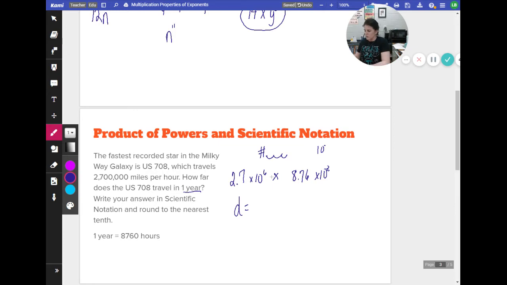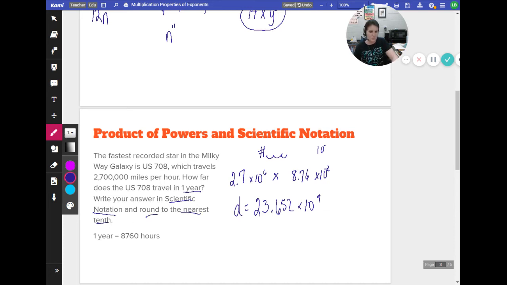So distance is equal to 2.7 times 8.76, which is 23.652. And we have times 10 to the 6th times 10 to the 3rd, so that would be times 10 to the 9th. However, it says to write our answer in scientific notation and round to the nearest tenth.